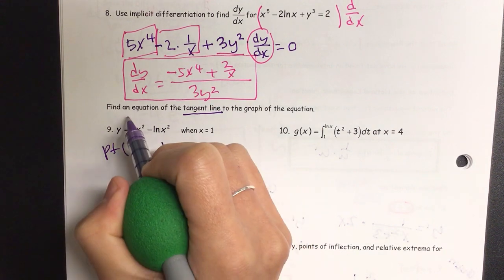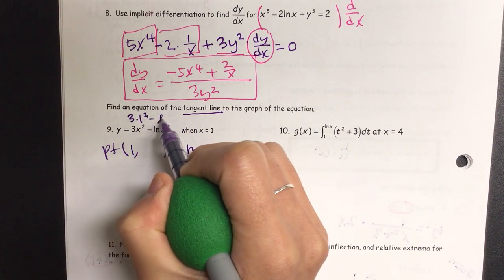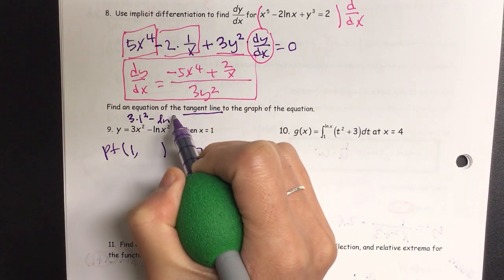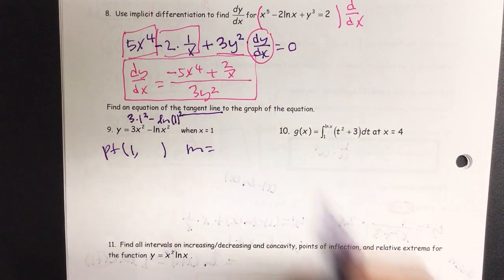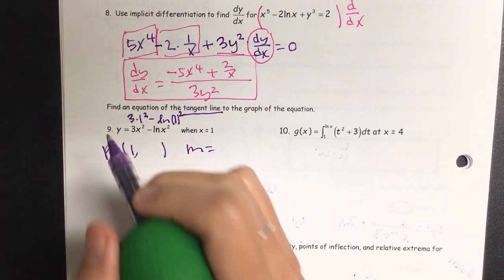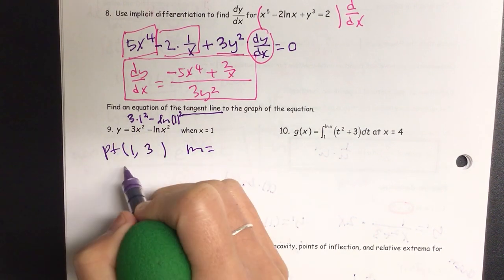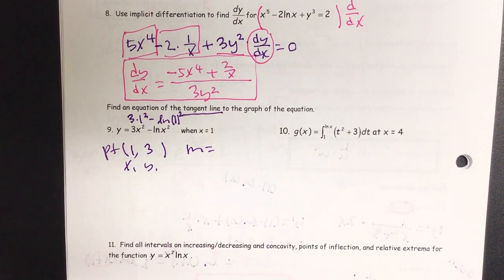So I'm going to use my original equation: 3 times 1 squared minus natural log of 1 squared. What's natural log of 1? 0. It's not e anymore. So we're looking at 3 minus 0, which is 3. And that's going to pertain to our x1 and y1.